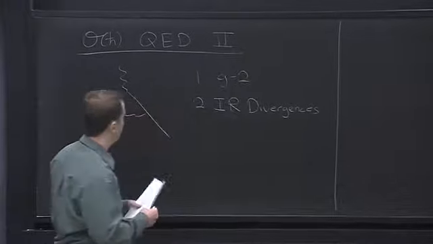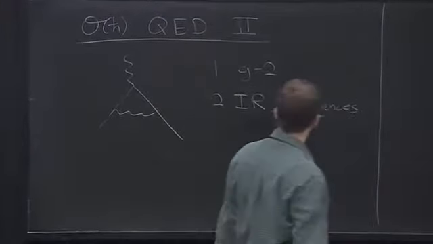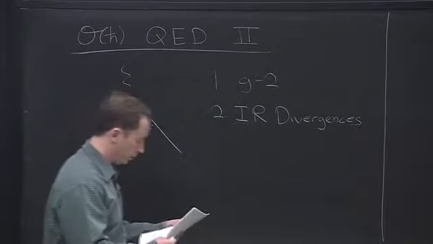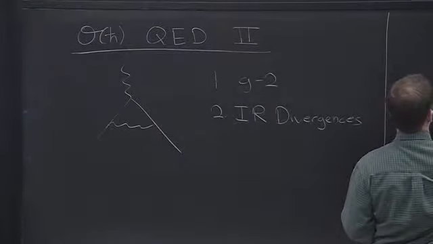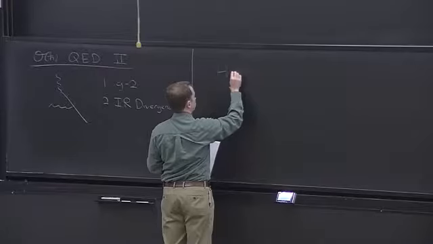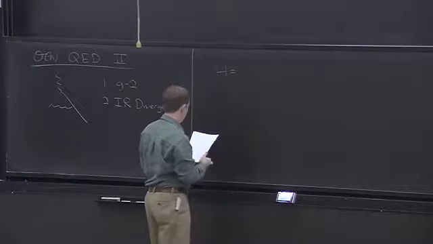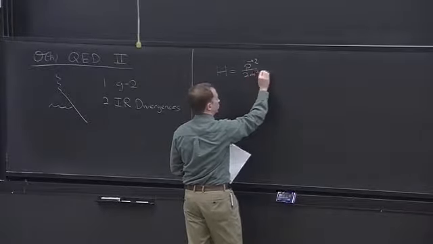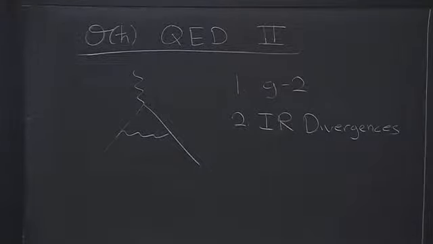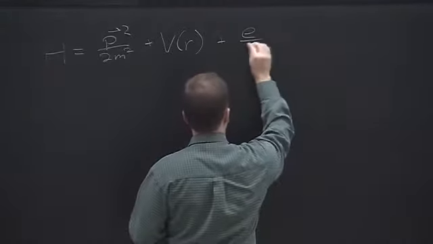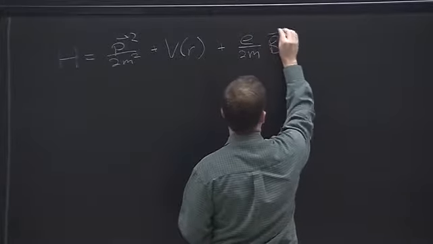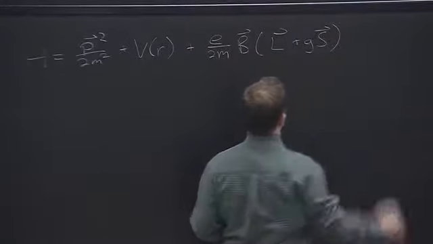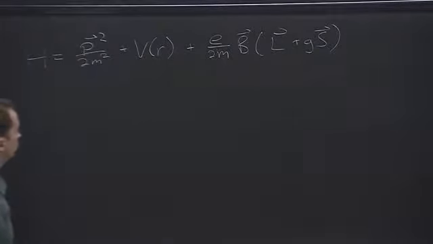And so today, we're going to calculate g minus 2. So what quantity are we going to look for in this diagram? So we can take the non-relativistic limit of the Dirac equation, and that will give us a Hamiltonian. It consists of a kinetic term, a Coulomb potential, and then another term that couples the magnetic field to the spin and orbital angular momentum of the electron.